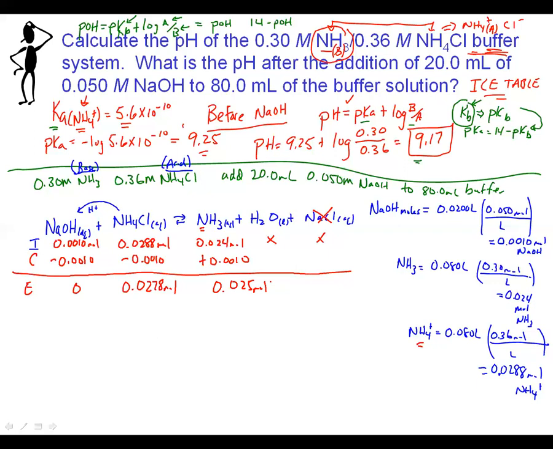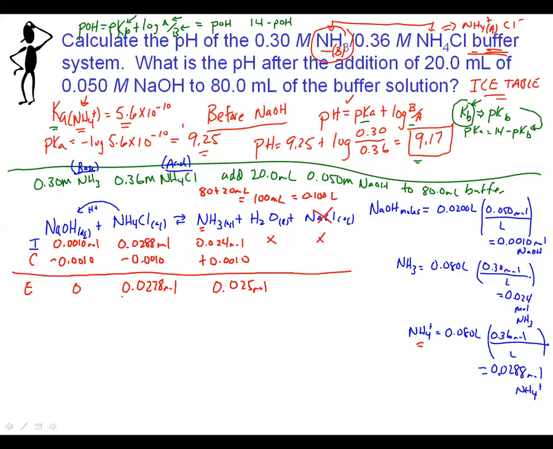Now, unlike the first example we did, we are not keeping the volume constant. So we do want to convert these back to molarity by using the total volume, which in this case would be 80 milliliters plus 20 milliliters. Gives us a total volume of 100 milliliters, which is 0.1 liters.